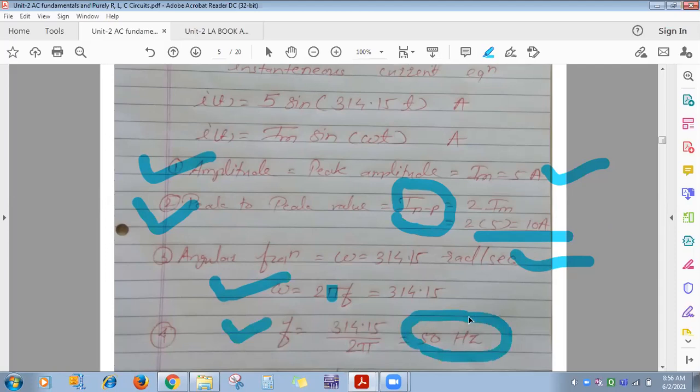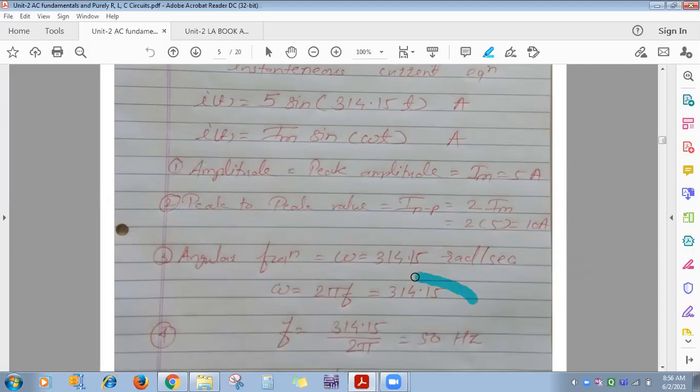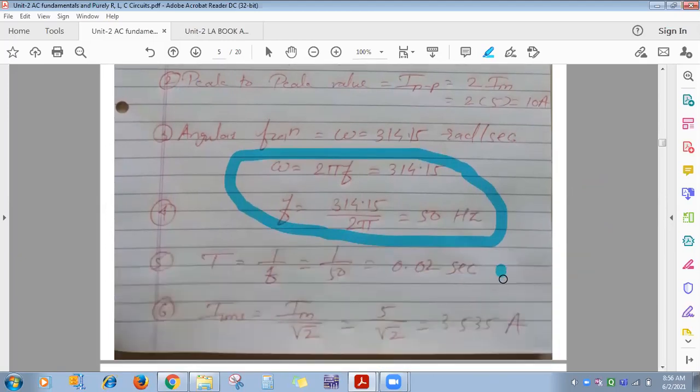Once we know the frequency, can we calculate the time period? Yes, T = 1 by f, that is 0.02 second.